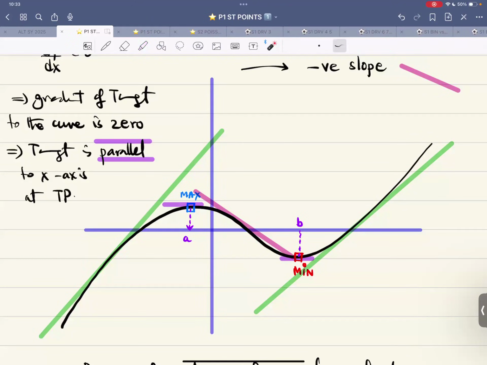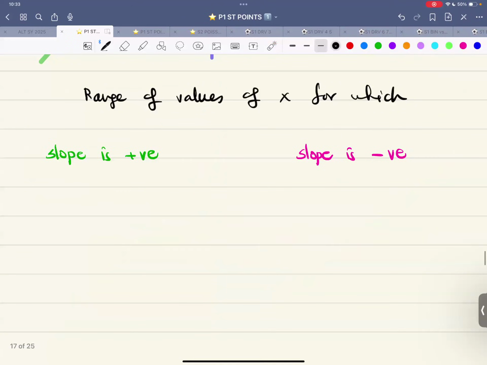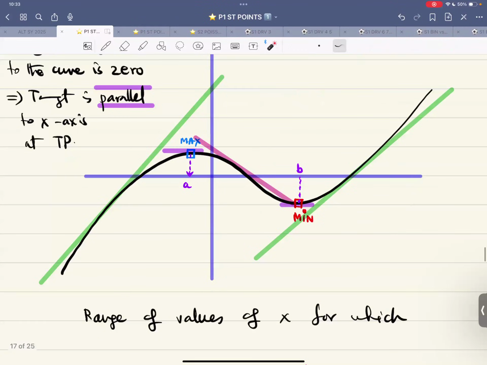But elsewhere, the tangents could have a positive slope or the tangents could have a negative slope. Between A and B, the tangent has a negative slope. And what about the positive slope? If I go to the right of B, the tangent is positive.